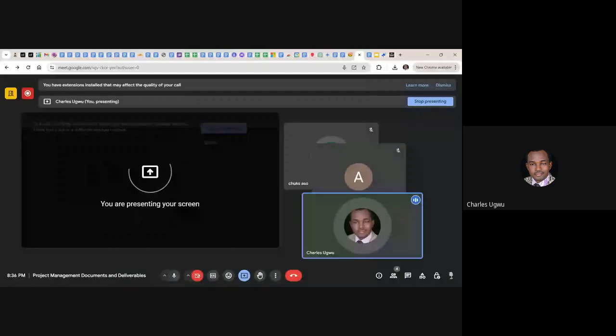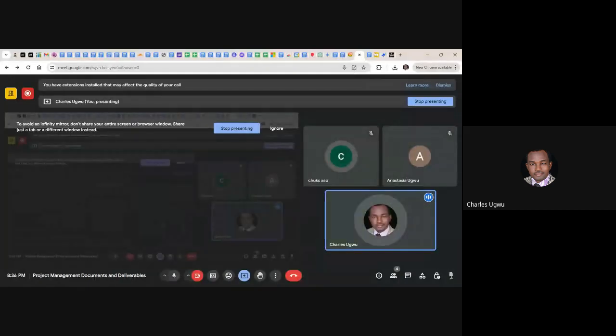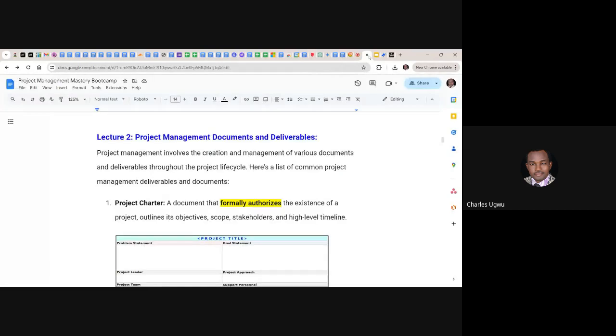I'll start presenting, so we can see the documents, which will be more visual. So you see what the document looks like, and when you are producing it, we'll see how it is. All this documentation is something we are going to have access to. I'll have templates, all of which will be uploaded to our project repository.